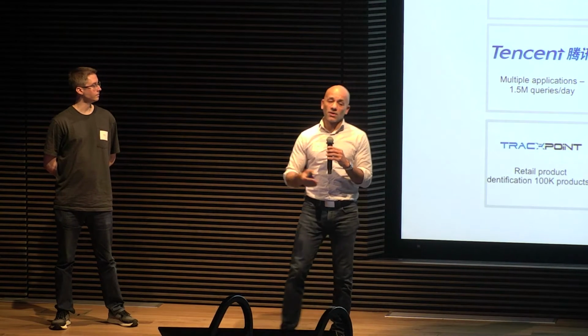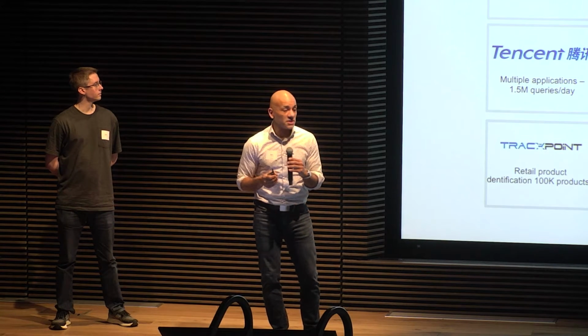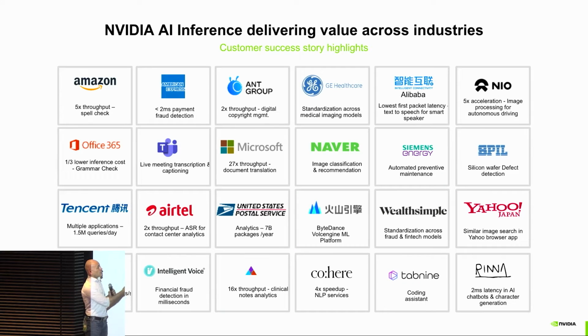It doesn't require an army of IT developers. It doesn't require sophisticated, advanced machine learning engineers to deploy it. We've got examples, and I'm just going to call out one. Wealthsimple is a fintech company based out of Canada.